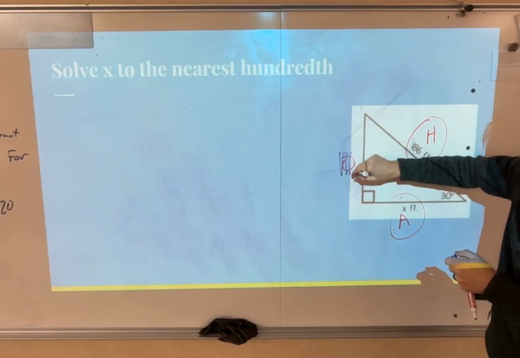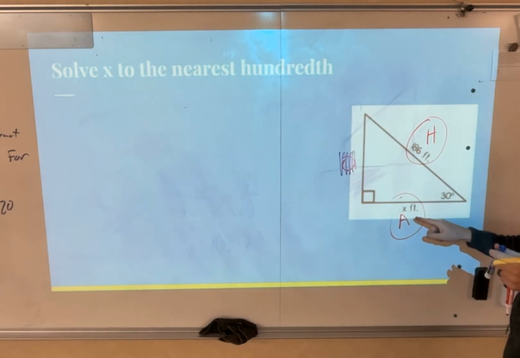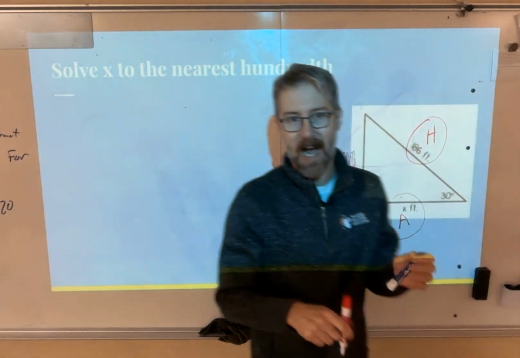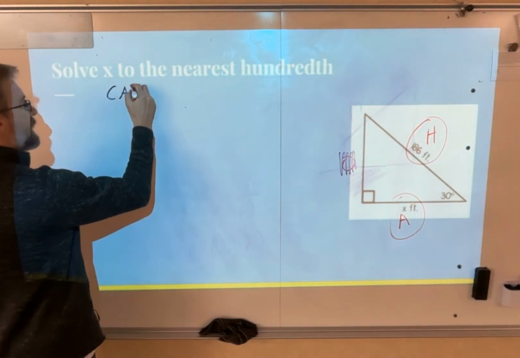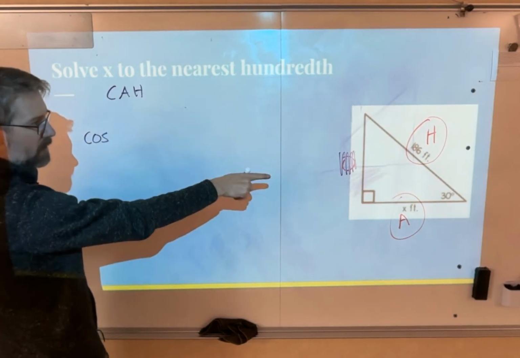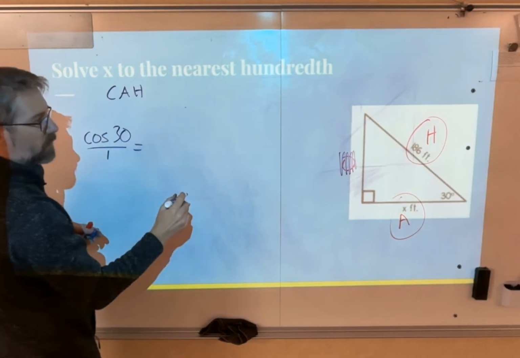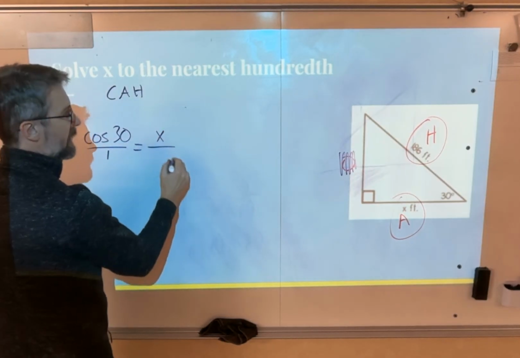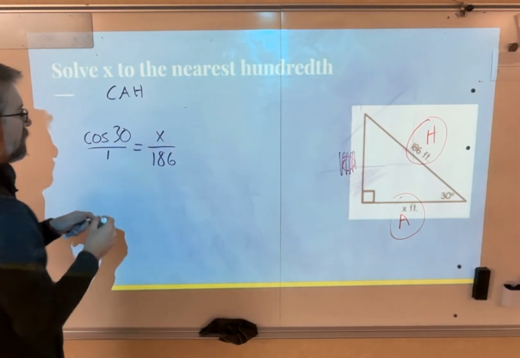I don't really care about the opposite in this case. So I want the trig ratio that uses A and H, and that is CAH from SOHCAHTOA. So cosine of the angle, which is 30 degrees, is equal to our adjacent side x over 186.